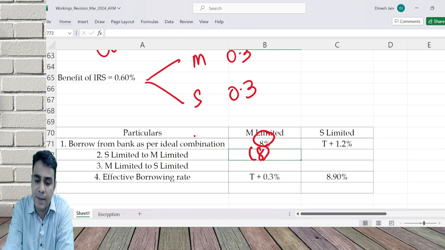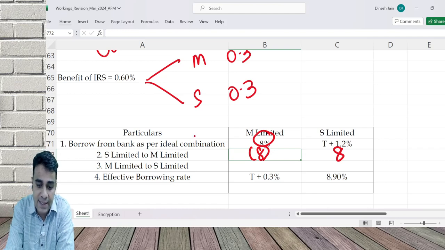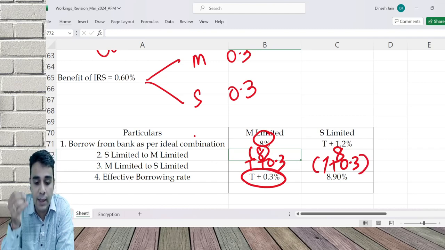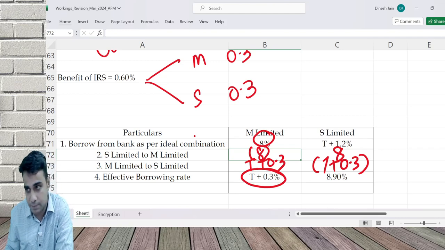If it is minus for you, for the other party it is plus because he has to pay. The balancing figure is exactly this, which is T plus 0.3. This side you write in bracket. Now the total: 8 minus 8 plus T plus 0.3 is T plus 0.3. T plus 1.2 plus 8 minus T minus 0.3 is 8.9. You write this, let me know if there are doubts.